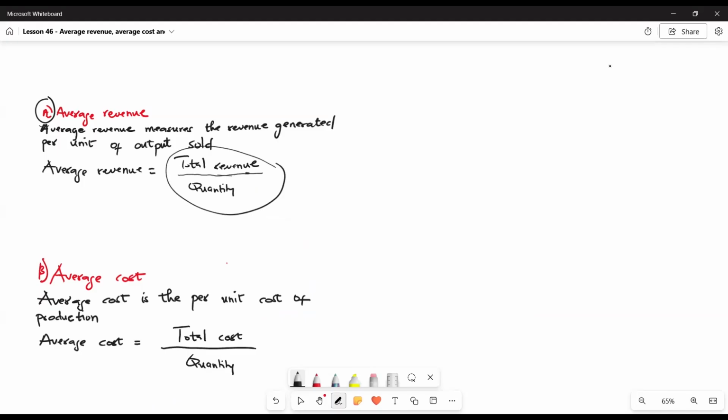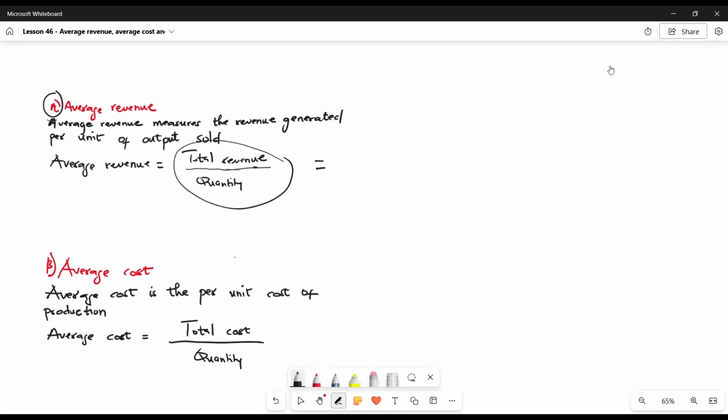If you charge everyone the same price, then essentially your average revenue curve is simply the price of each good sold. So to see this, if we simply rewrite our total revenue as the price times the quantity, which is the formula for total revenue, and then we divide it by the quantity, and we cancel these two out, then we're just left with the price.